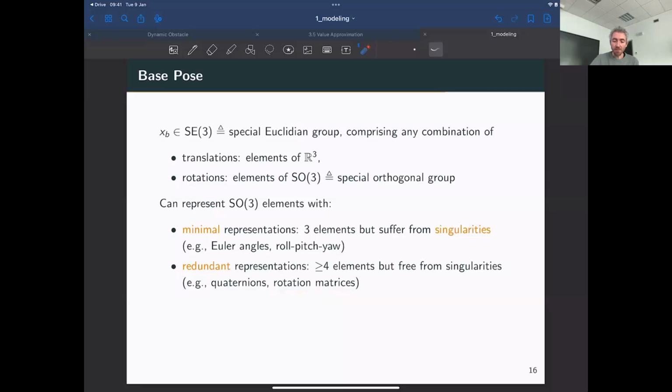So we might be tempted to use the minimal representations because they're very intuitive to work with and you only have 3 values. But the problem is that when you use minimal representations, you have singularities. If you have taken any class on robotics, you should be familiar with the concept of singularity. In practice, singularities arise from the fact that with these minimal representations, you don't have a one-to-one mapping between the possible orientations and the representations corresponding to them.